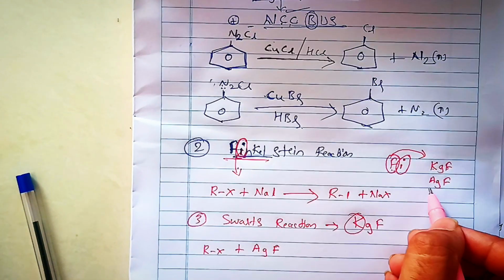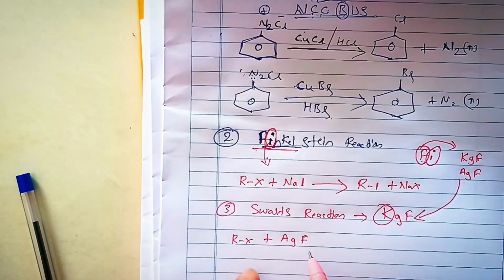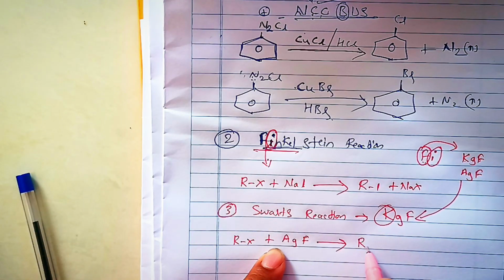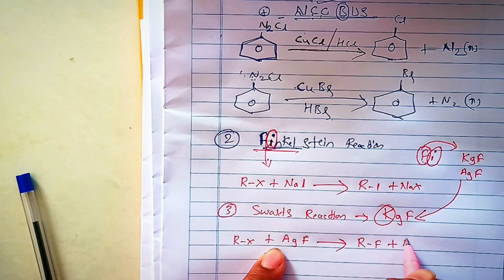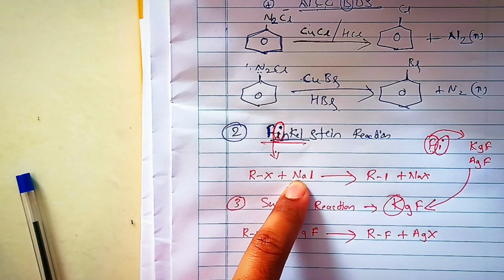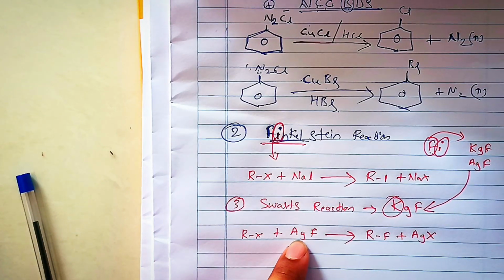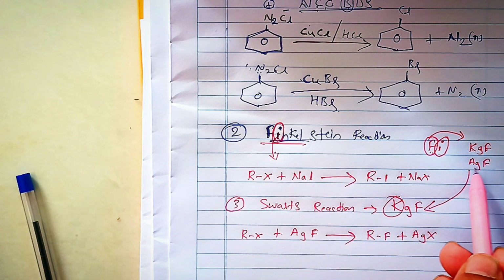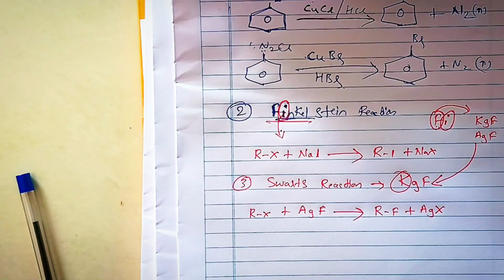Okay, this AgF is used here, and then there will be an exchange, giving RF plus AgX, right? Here I will take sodium, but here I will take Ag, meaning we take silver. This silver can be identified by the KGF. Okay.